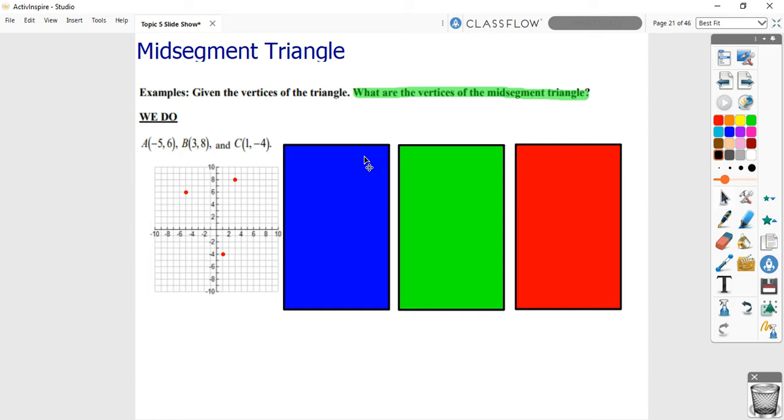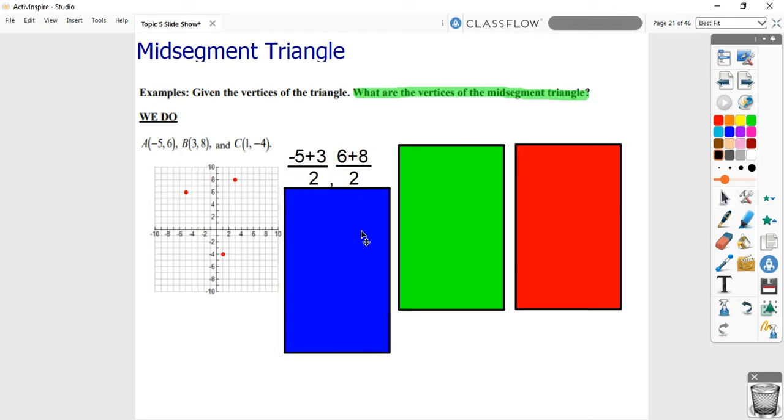What we did was take 2 points, take the average of the x values and the average of the y values, and that found the middle ground, the point that was exactly in between the 2 points that we started with. That's exactly what we're doing right here.